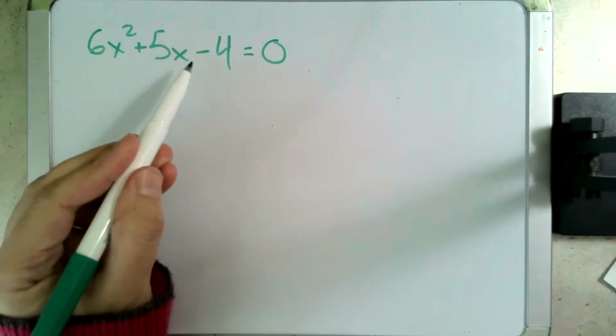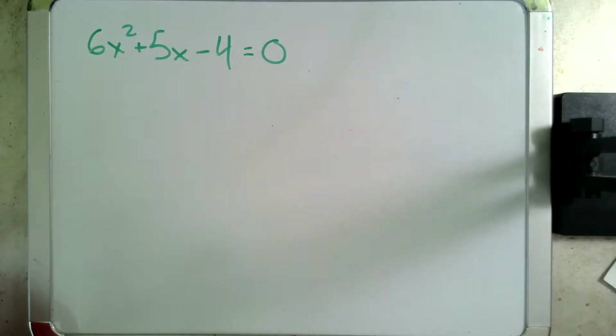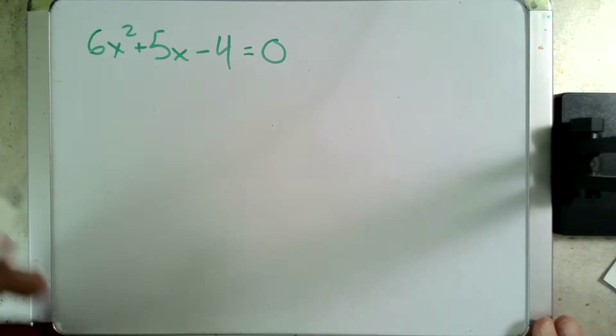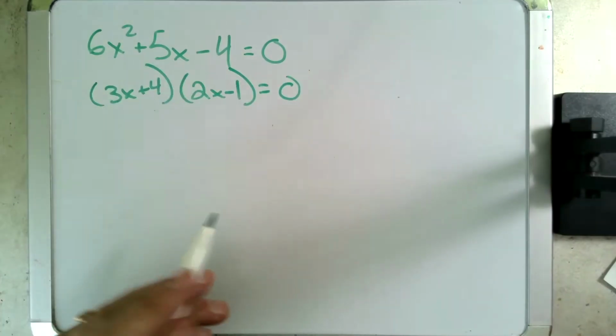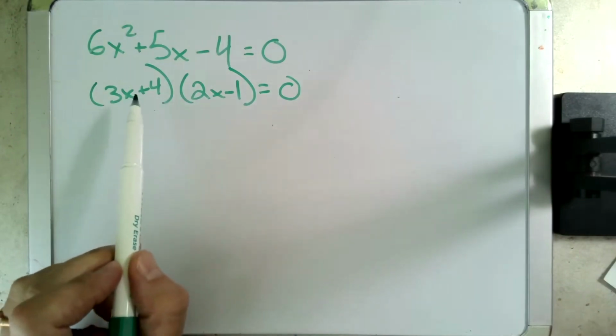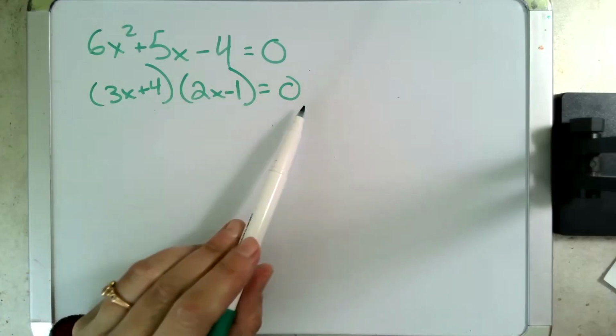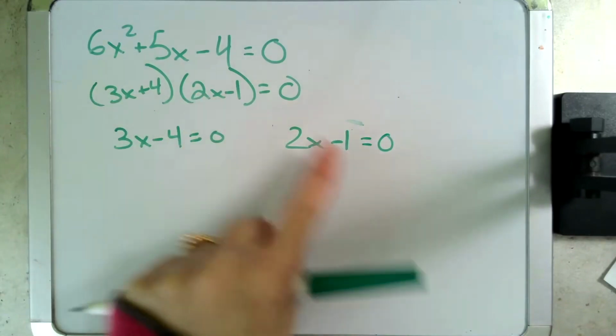6x squared plus 5x minus 4 equals 0. If you aren't familiar with my many other methods of factoring, the X method, the slide and divide or the AC method, the parentheses or guess and check method, the box method, use any of those to factor this equation to find that 3x plus 4 times 2x minus 1 equals 0, and now use the rule of zeros, which says that if anything times something else equals 0, that only happens when one of them equals 0 or the other equals 0.